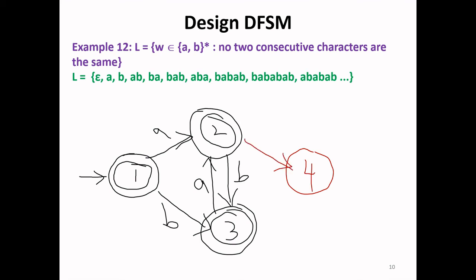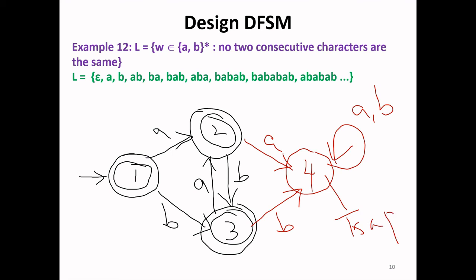From state 2, transition A, and from state 3, transition B, going to the dead state, again a self loop for the dead state with transitions A and B. Now you can see A, B, B, A, any combinations of A's and B's will reach the accepting states, whereas two consecutive A's or two consecutive B's go to the dead state, also called the trap state.